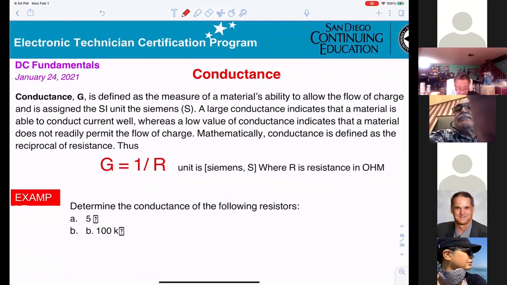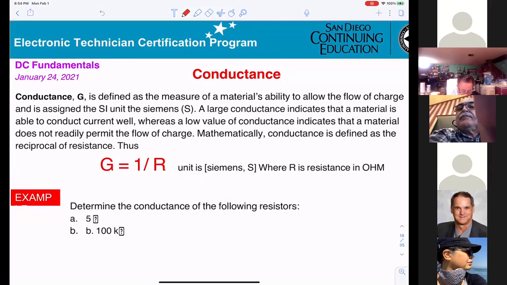Now we know a little more about conductance. Conductance G is defined as the measure of the material's ability to allow the flow of charge, and is measured in siemens. A high conductance indicates that the material is able to conduct current well.